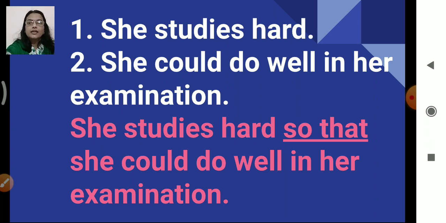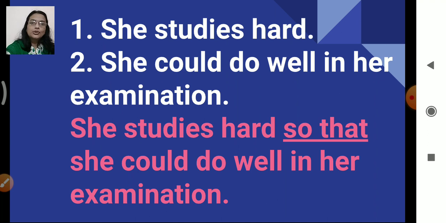Now, what is done here? Why? What is the reason? Purpose, right? What is the aim or the motive behind her studying? Why is she studying hard? So that she could do well in her examination, right? That is the motive, the purpose of her doing the action.